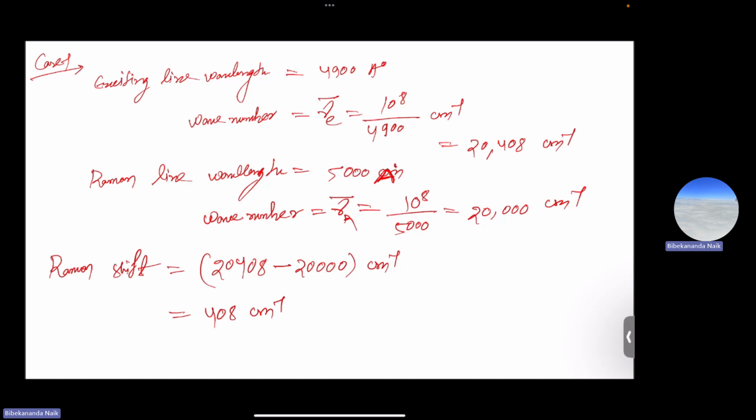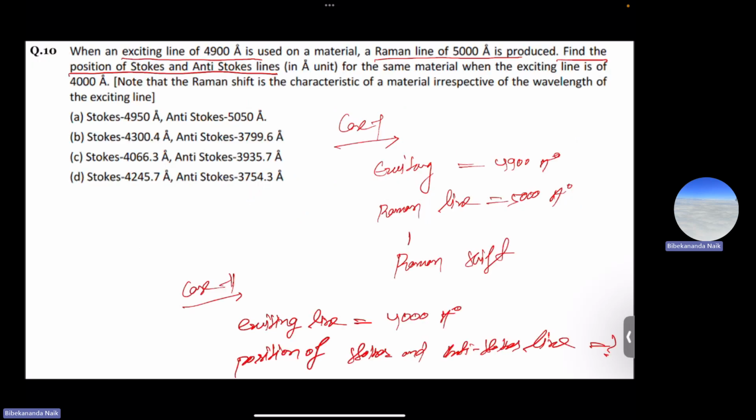Now you see, it says, note that the Raman shift is the characteristic of the material irrespective of the wavelength of the exciting light. So whatever be the wavelength of the exciting light, the Raman shift will remain the same since the material is the same.